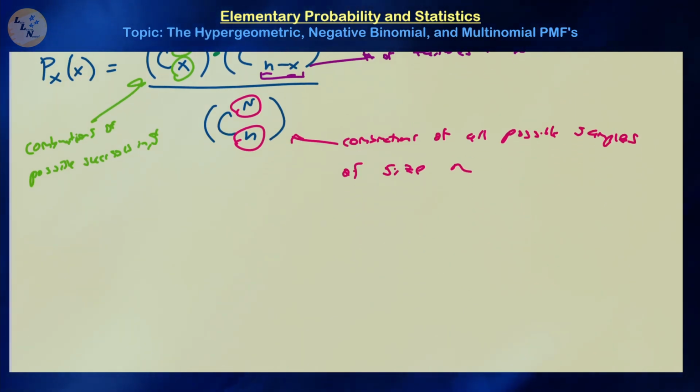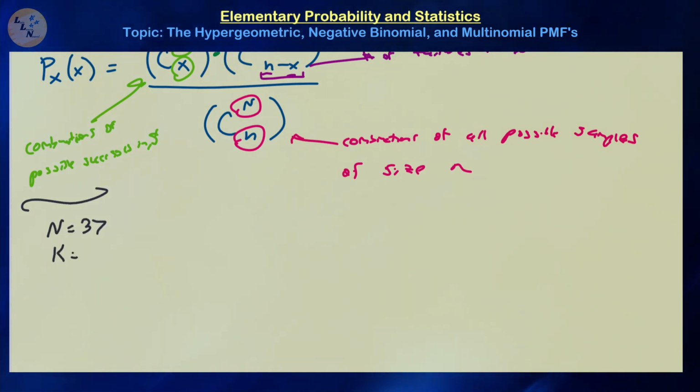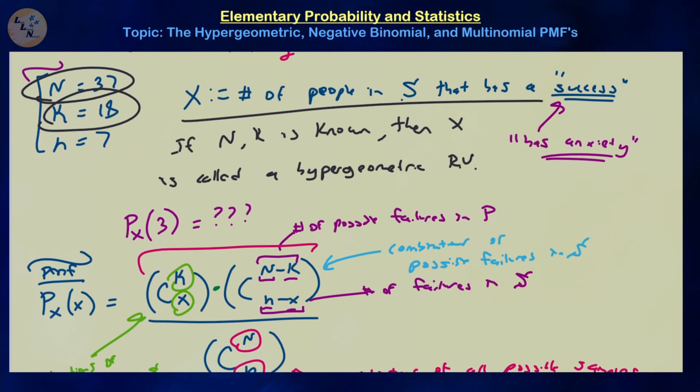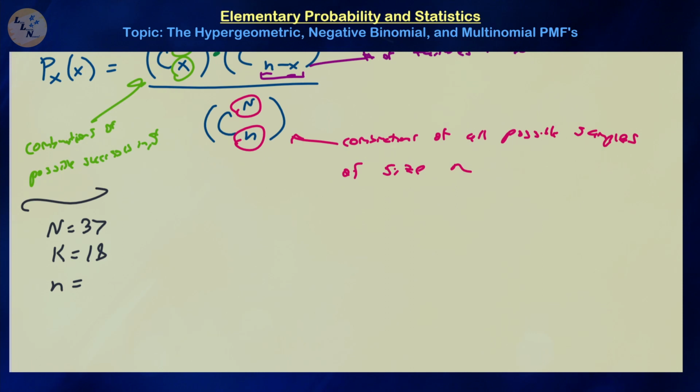So if you use this probability distribution on our example, remember capital N was equal to 37, the number of possible anxious people in my population was 18, my sample size was equal to 7, and we want X, the number of successes in our particular example, to be equal to 3.